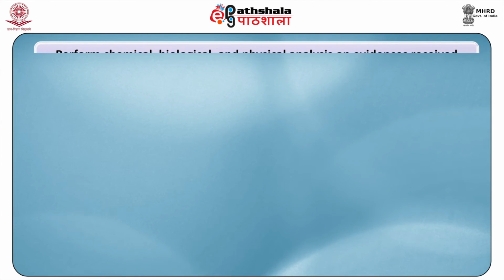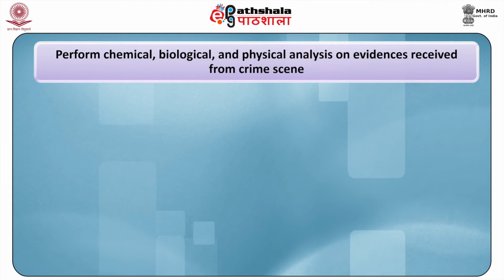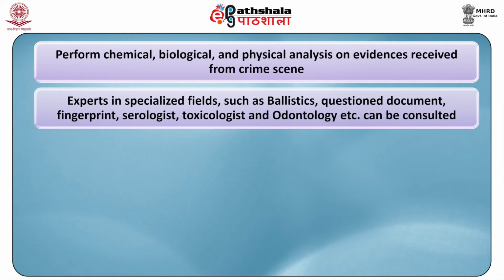To sum up, in forensic laboratories, the laboratory investigator has to perform the following duties. As per the requirement, proper chemical, biological and physical analysis on evidence received from the crime scene. If required, experts in a specialized field such as ballistics, questioned document, fingerprint, serologist, toxicologist and odontologist, etc. can be consulted.